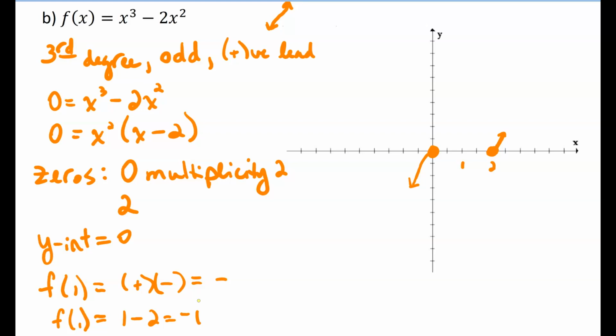Because it changes direction. What's happening at 0? There's a multiplicity, so it has to turn. We have an even multiplicity. So before even doing the sign analysis, we should already know this is an even multiplicity. It is going to turn around here and turn back.